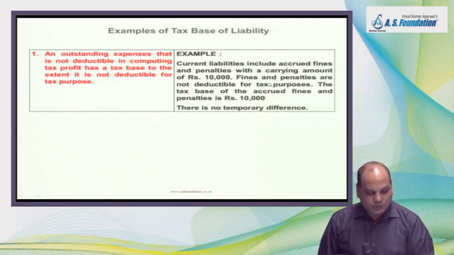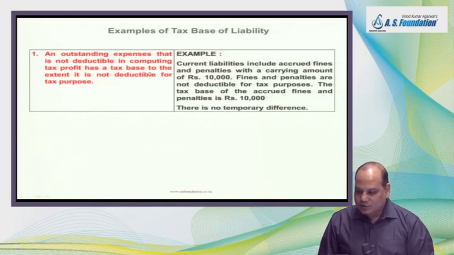So what is the formula we have learned earlier for tax base of a liability relating to expense? It is the carrying amount minus amount that will be deductible for future. So here 0 amount is deductible for future. 10,000 minus 0, 10,000.